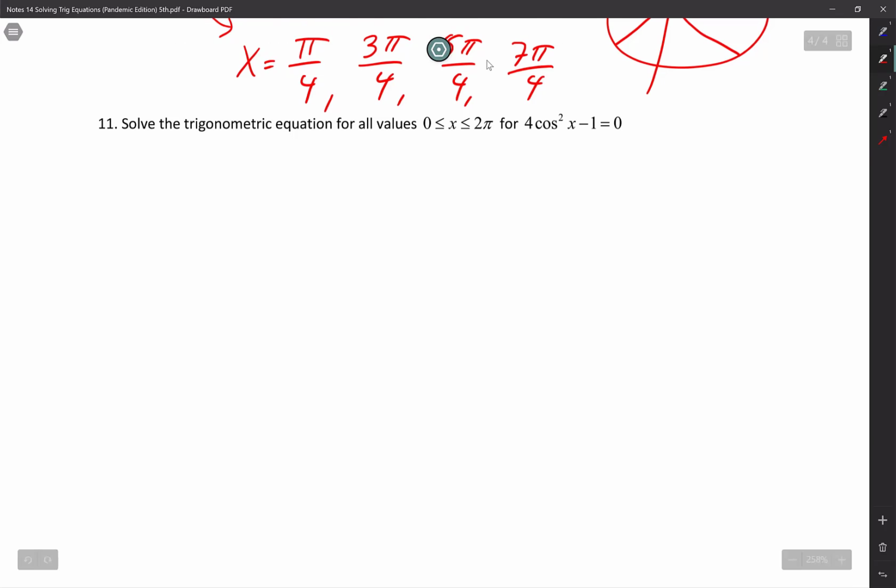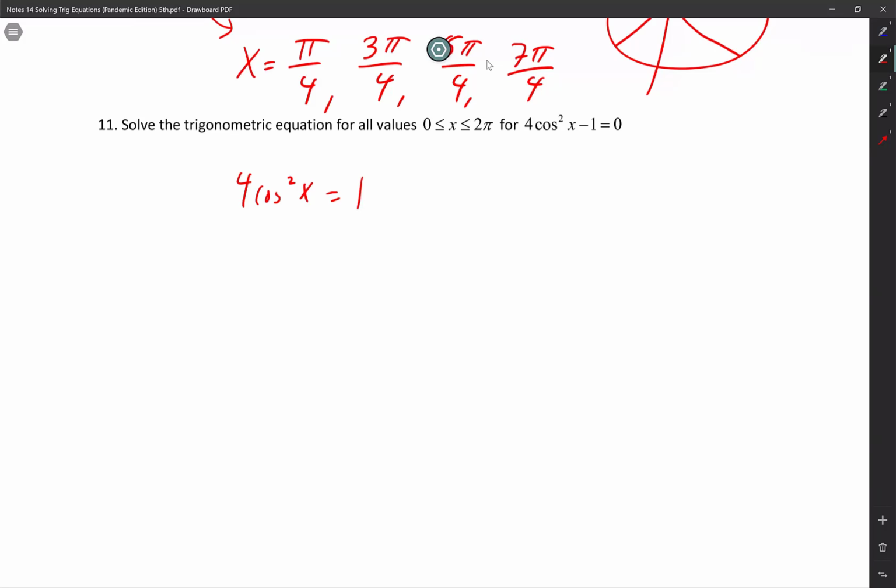We're doing the same thing for this one, guys. It's the last question. We're going to go slow. I'm going to move the 1 to the other side. 4 cosine squared x equals 1. Then we're going to divide by 4. I divided both sides by 4.